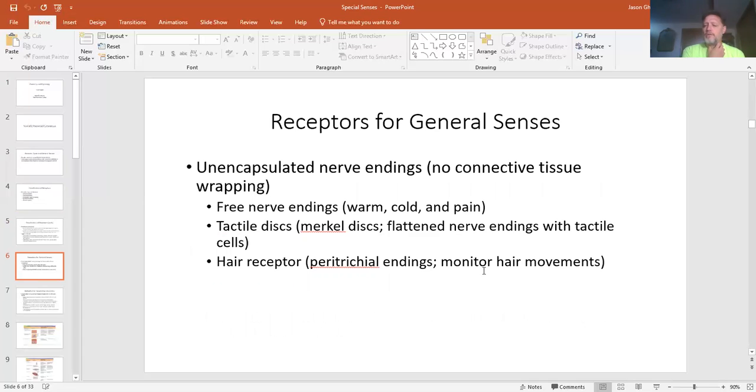Now, of these nerves that we find in here, we have ones that are called unencapsulated. Unencapsulated means that there's not going to be any kind of connective tissue wrapping around them. These are mainly there to detect warmth, so it's warmer or cold, and pain. Pain is a good thing.